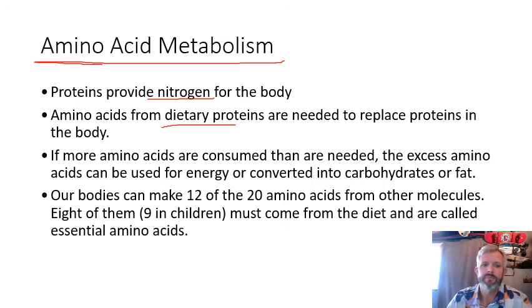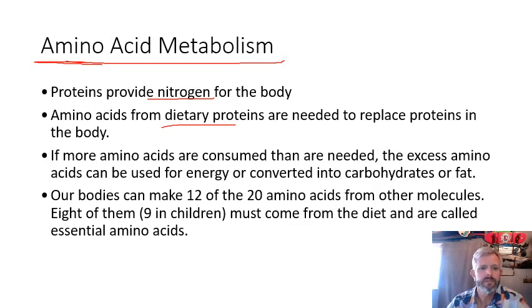So it is the last resort. Use glucose; if glucose is not available, we can use fatty acids. Fatty acids break down, we can use ketones. Amino acids we want to save because they're used for our proteins. But if, say, we're in starvation mode, you're going to start breaking down amino acids, and you can use them to make ATP if need be.